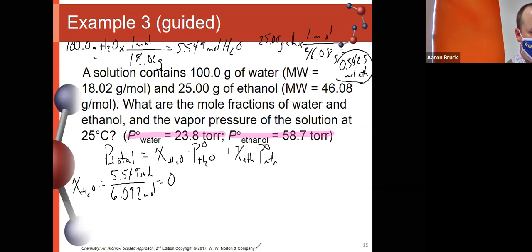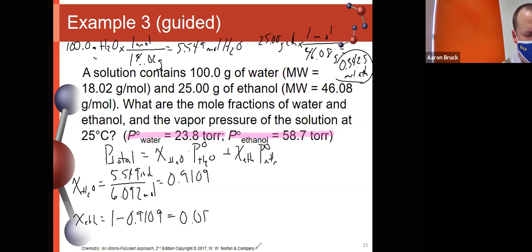Which would be 0.9109 as the mole fraction of water. The mole fraction of ethanol would be 1 minus 0.9109, which would be 0.0891.